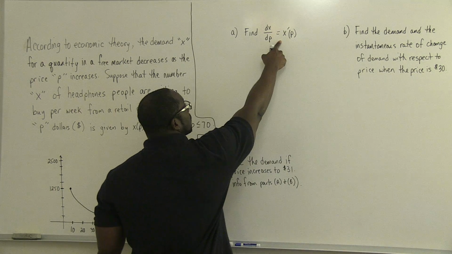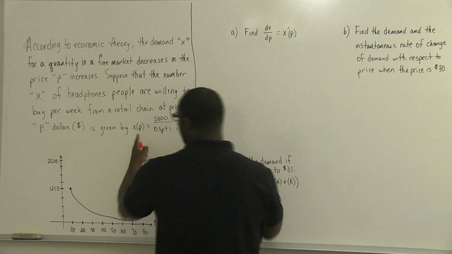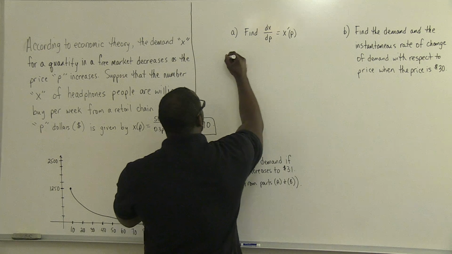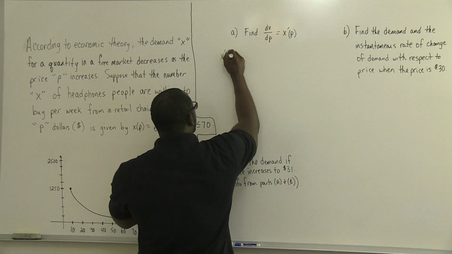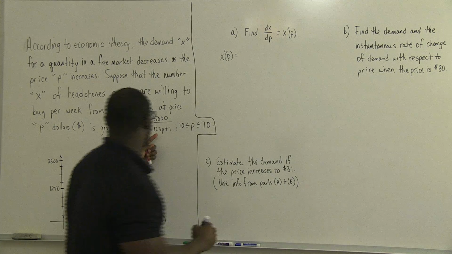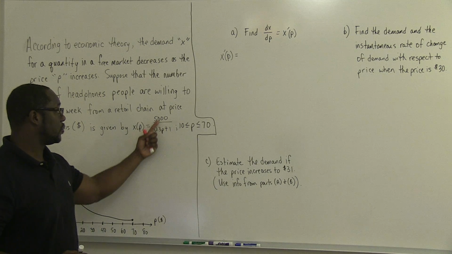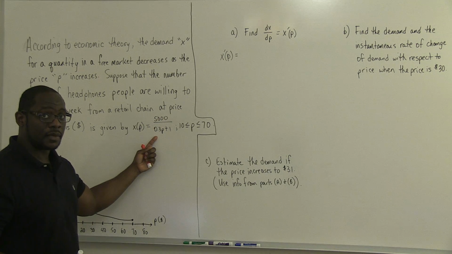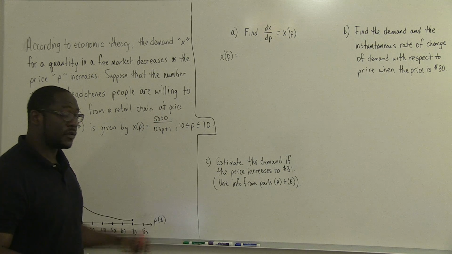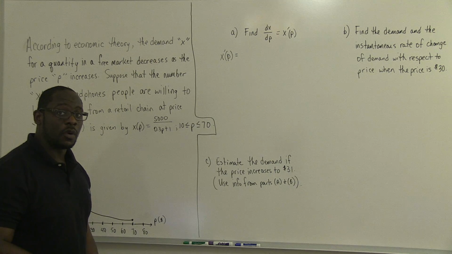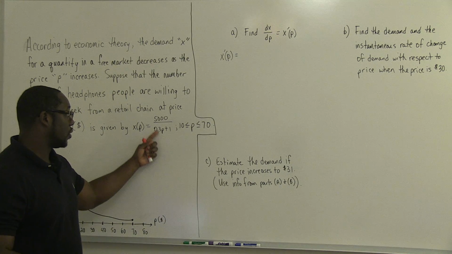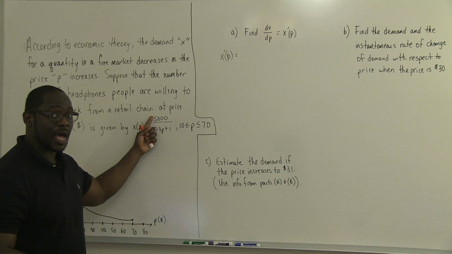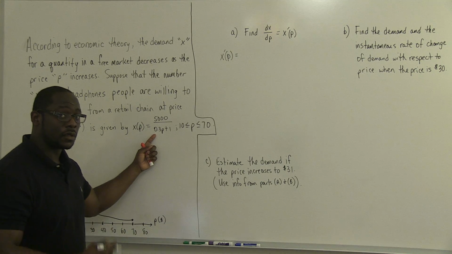Here, we'll take the derivative of our function. We notice that we have something in the numerator and something in the denominator. To take the derivative of that, we will use the quotient rule, which is low d high minus high d low over low squared.